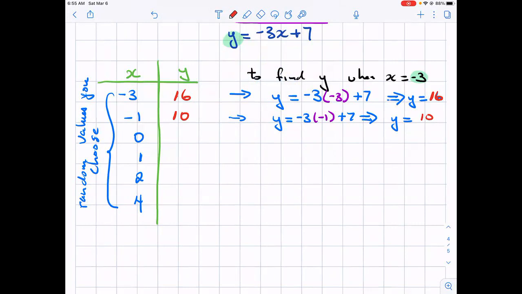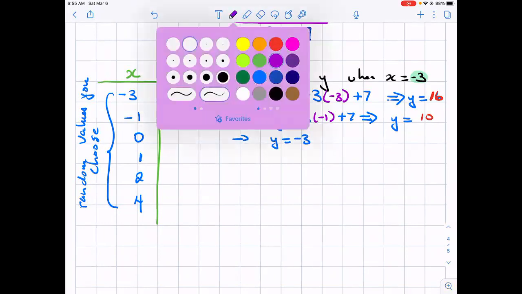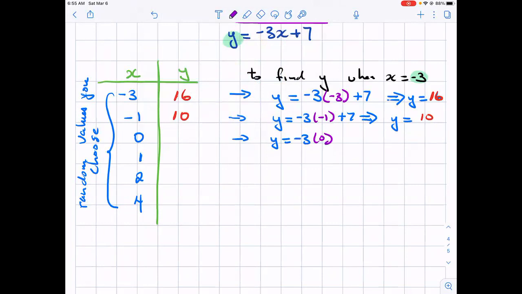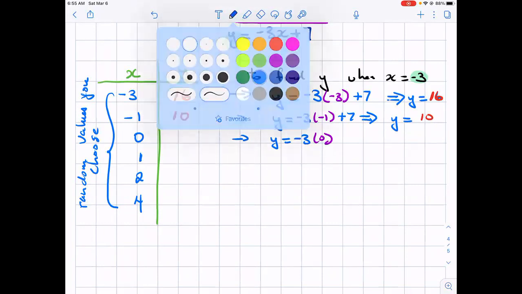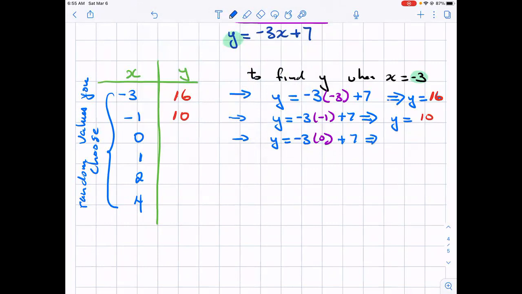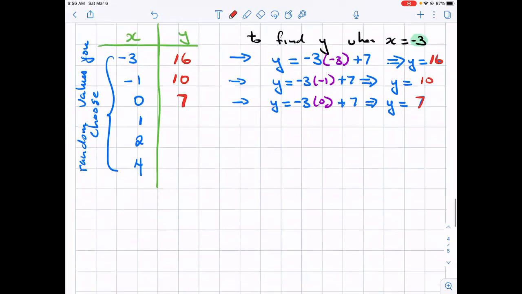And you can do this for all of the numbers. Now we'll plug in when x is 0. So this becomes y is equal to 7. And that's 7.